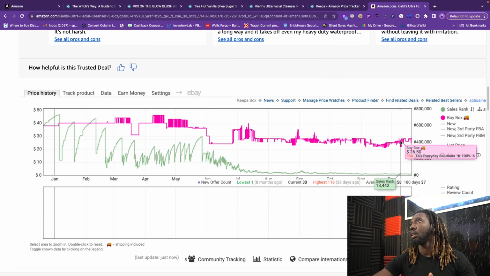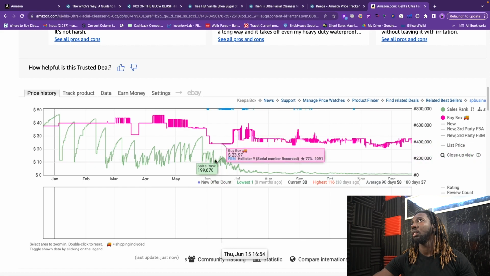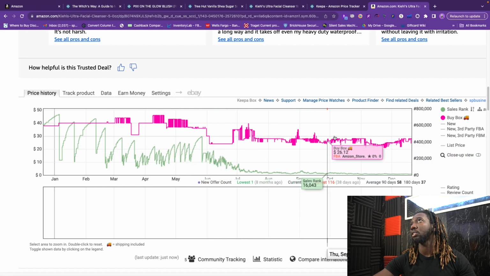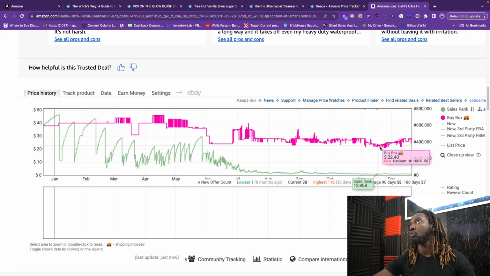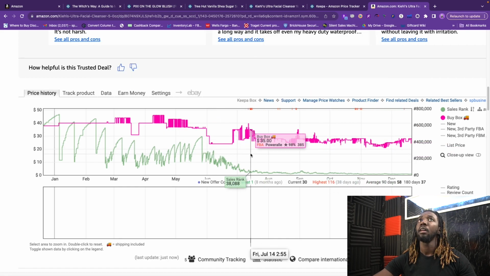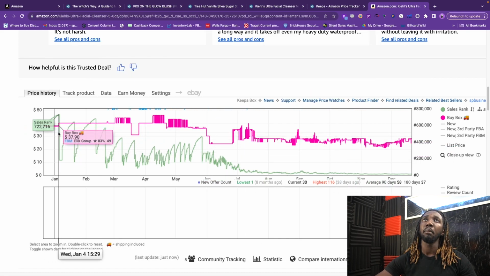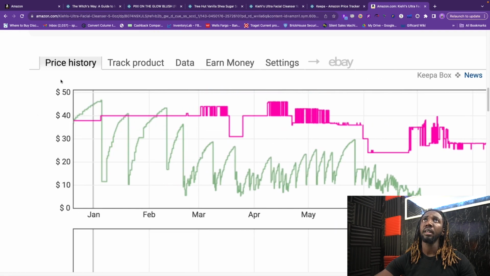This is what you want to see: something with a low sales rank and consistent. The key thing you want to look for in a buy box is that it is consistent across the board, like it's a flat line like this, meaning the price is stable. It's not swaying too far low, too far high. Right here, when you're looking at the buy box price, this is for the price, this side right here.